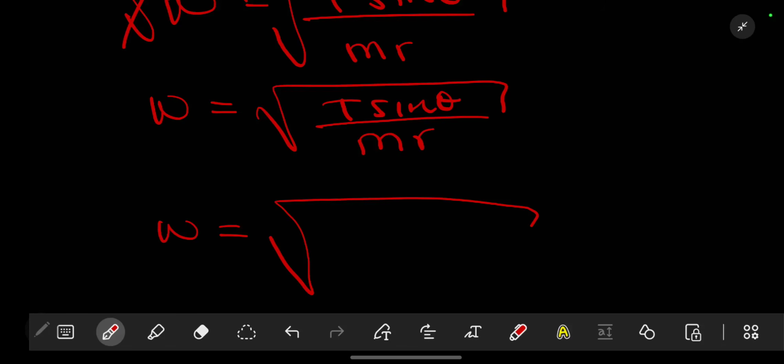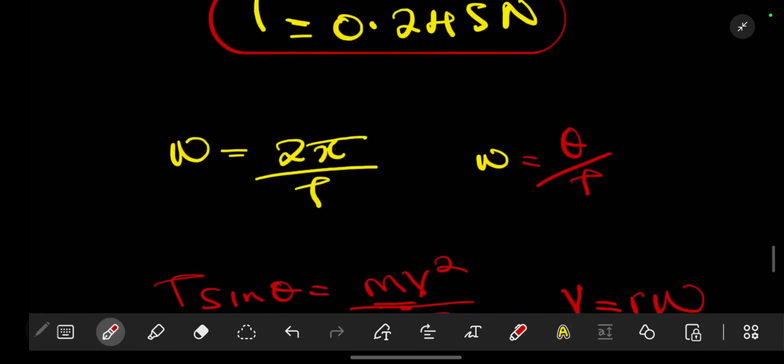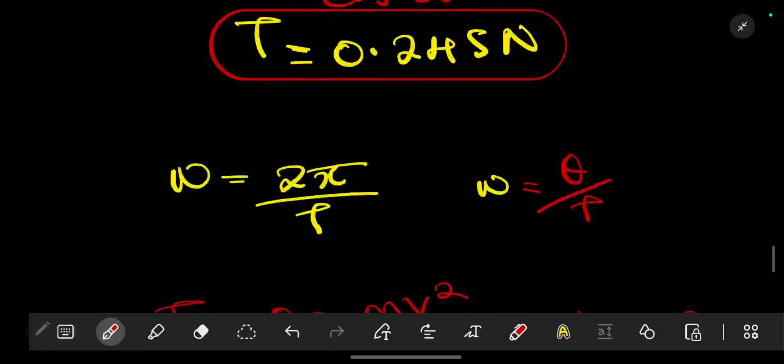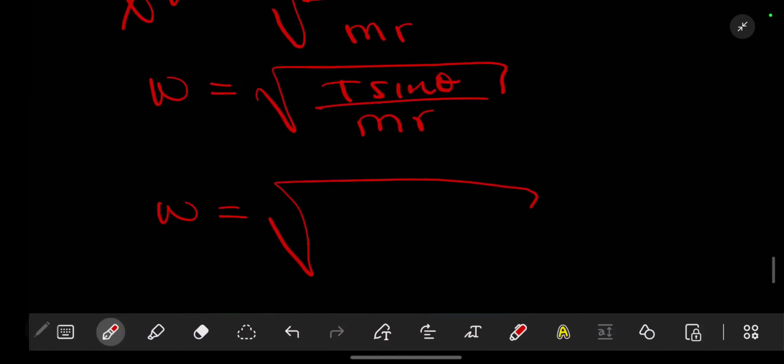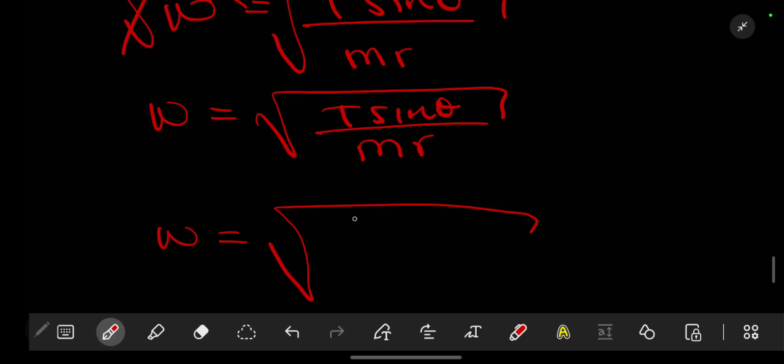Our tension in this case would be equivalent to, what's our tension? Tension was found to be 0.245. Then we have the sine of the angle.